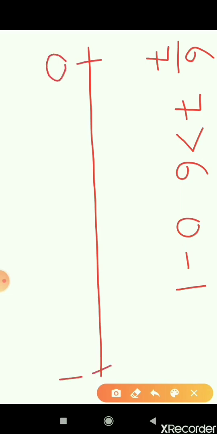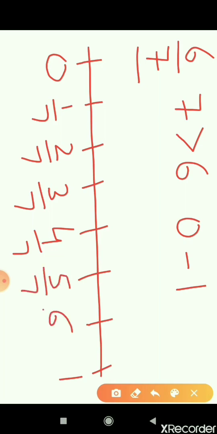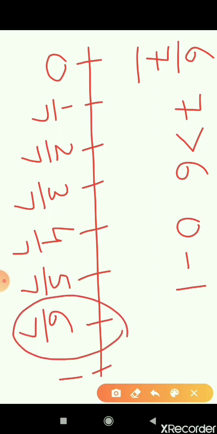Now we have to draw 7 parts: 1, 2, 3, 4, 5, 6 and the 7th. Now start plotting. 1 upon 7, 2 upon 7, 3 upon 7, 4 upon 7, 5 upon 7 and 6 upon 7. This is our number 6 upon 7.